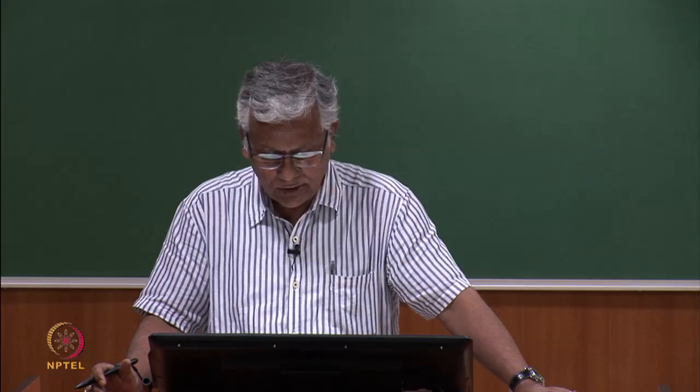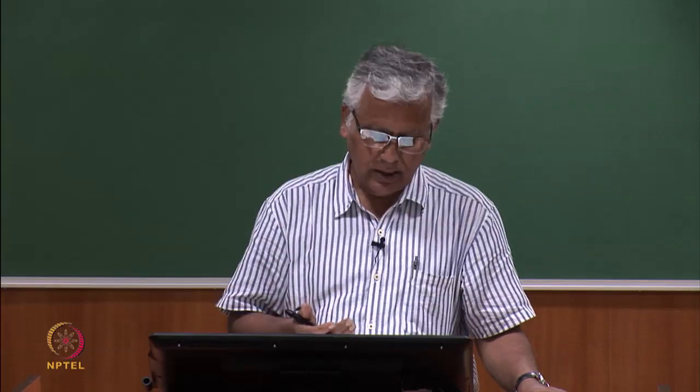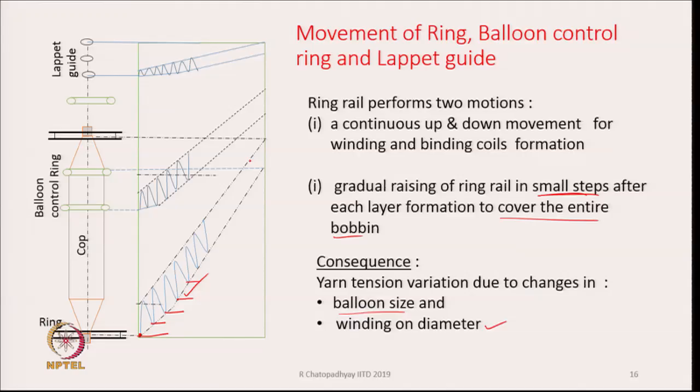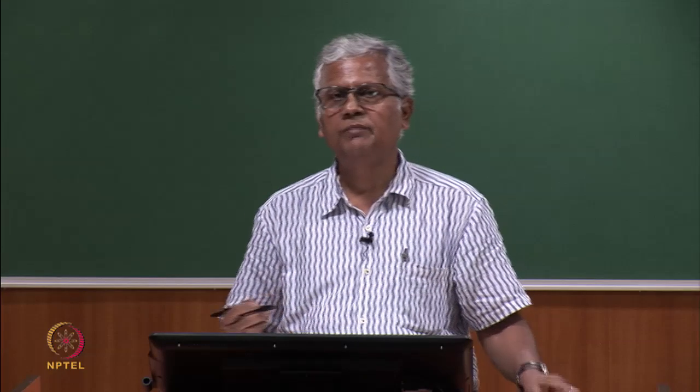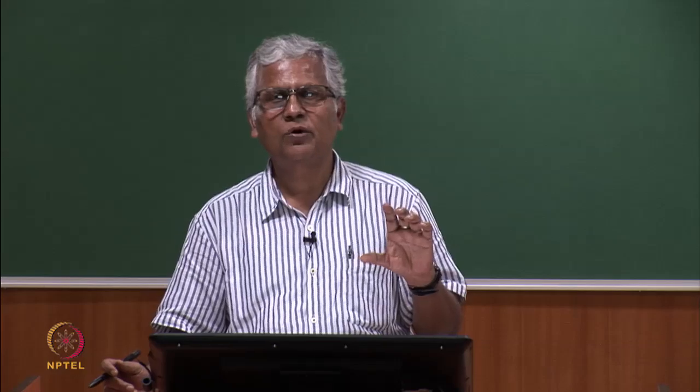So, in a given time, this tension mainly depends upon the length of the balloon, the weight of the traveler, and the speed. The length of the balloon is continually changing because the ring rail is going up and down, and as we finally reach the top of the bobbin, at some point the balloon diameter will be very small.